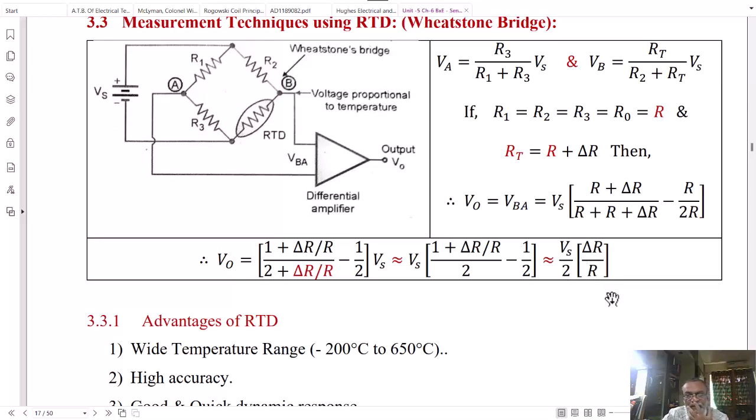This equation indicates that the output voltage of a Wheatstone bridge circuit is proportional to the change in resistance, which is in turn proportional to the change in temperature. It is also proportional to the supply voltage amplitude. The larger the supply voltage, the larger the output voltage, and the sensitivity can be increased by increasing the supply voltage.